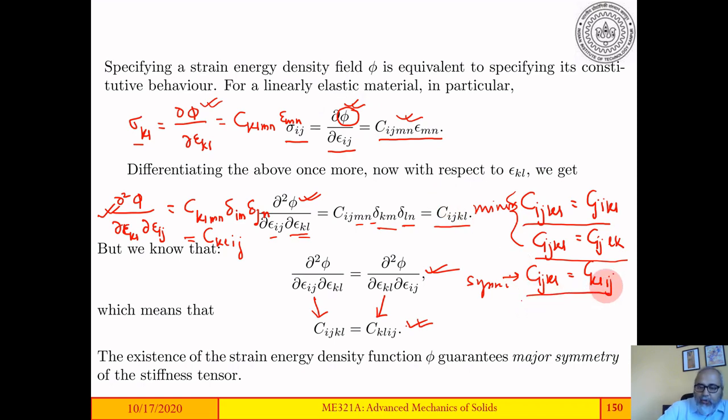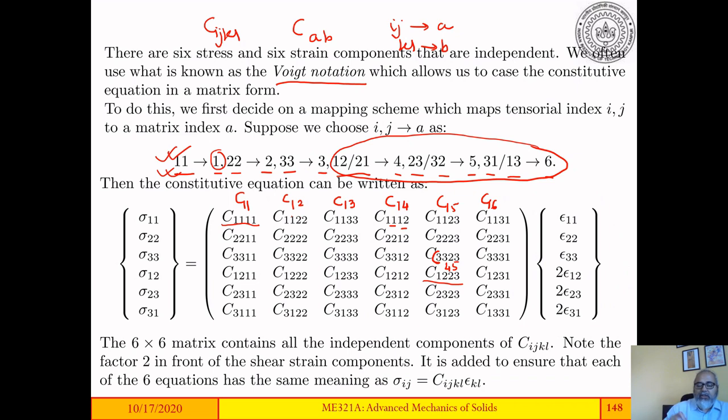Which basically, if we go back to this matrix representation, will tell us that okay, C1122 and C2211 must be the same, C1133 and C3311 must be the same, C2212 and C1222 must be the same, which means that we must have a symmetry of this part.